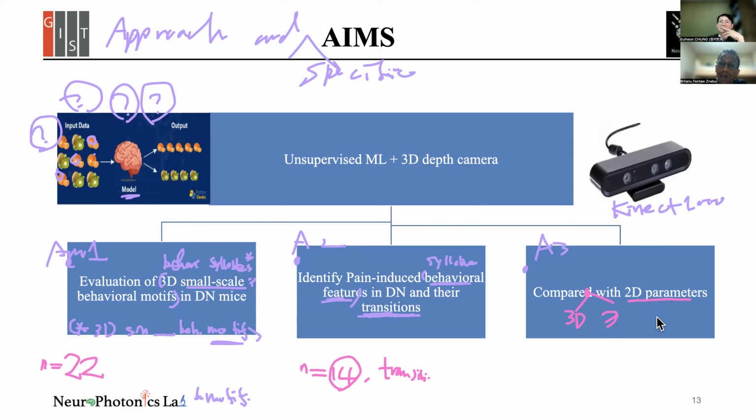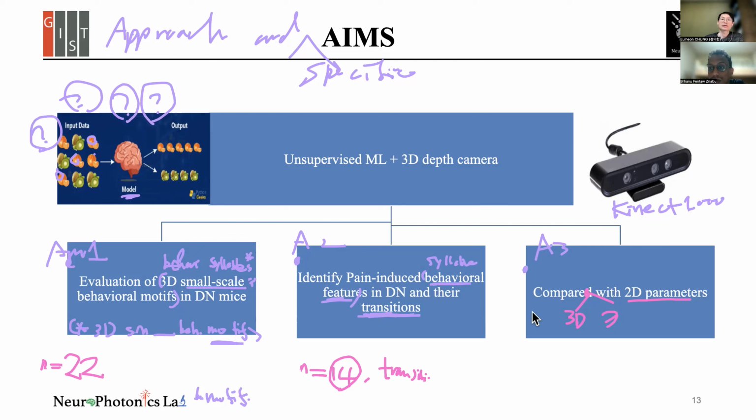That's why with the 3D camera we have also automatically recorded 2D parameters. So it's really not a comparison. It's like finding out what the additional information of 3D is compared to traditional 2D. And then after that, we compared with logistic regression.